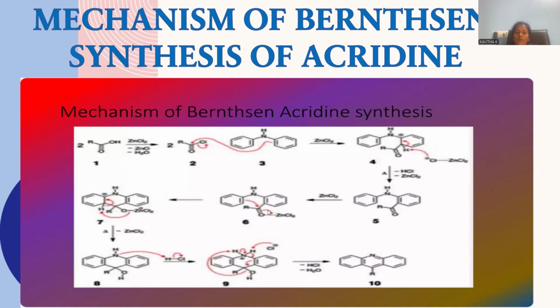Being oxygen is more electronegative, pi electrons are simultaneously moving towards this oxygen, generating a carbon deficit over this carbonylic carbon atom, which will take up the electrons from the benzene ring from the adjacent position, giving rise to the six-membered cyclic ring system, and that originates the carbocation over the bridgehead carbon atom.